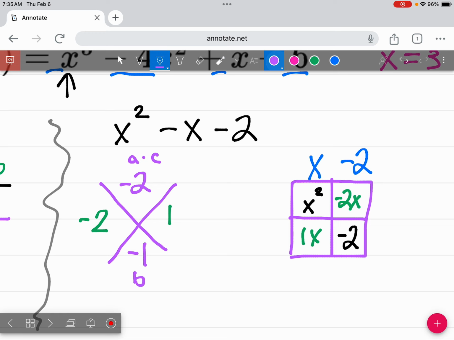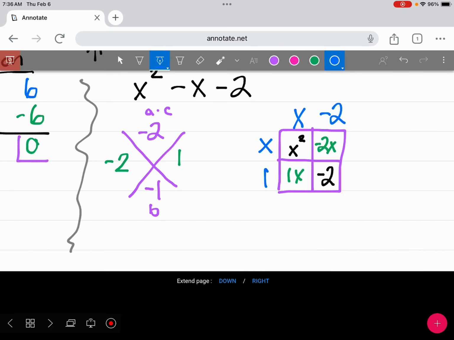X. That's okay, it's 7:35 and brain is not braining at 7:35. It takes practice. What is shared between 1x and minus 2? 1.